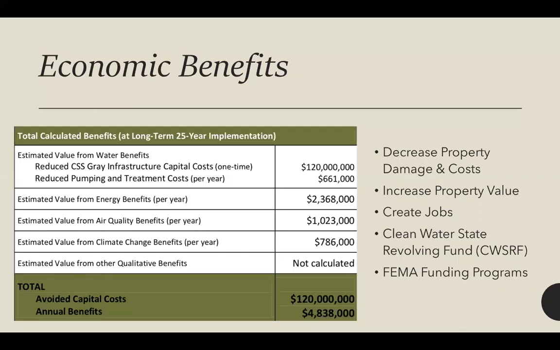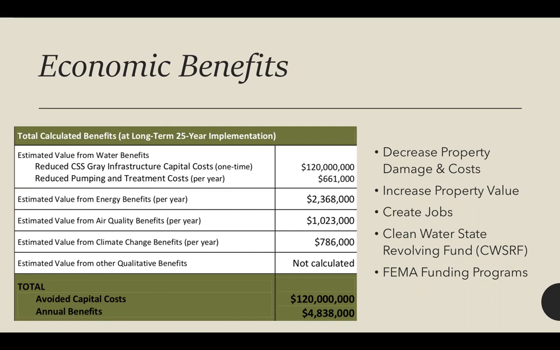The economic benefits, a good example came from Lancaster, Pennsylvania, where they helped them avoid $661,000 in pumping and treatment costs and $120 million gray infrastructure costs over 25 years. And it helped them benefit almost $5 million annually just by implementing their sustainable drainage system program.